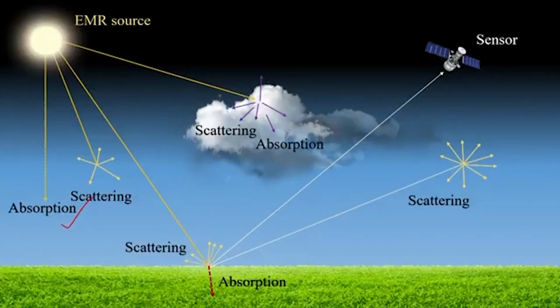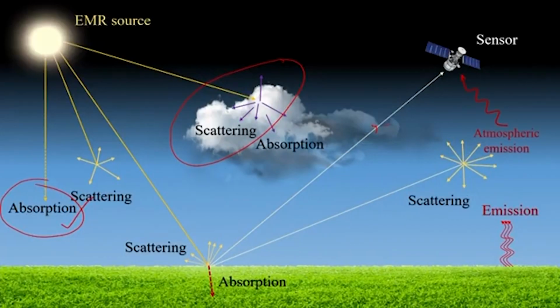The resultant reflected or emitted energy will reach our sensor after facing these scattering and absorption phenomena. Now ultimately we have received the information. This we are talking about the reflective region, where we have reflected energy, and our sensor is active between 0.4 to 2.5 or 3 micrometer, and this is the domain for reflective energy, right?